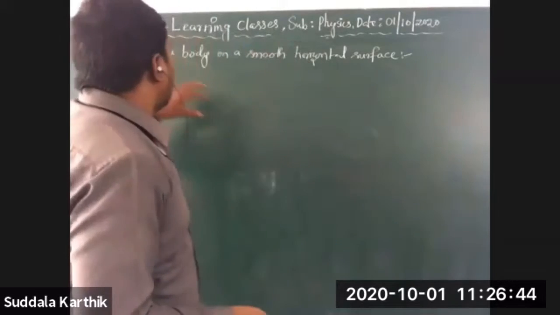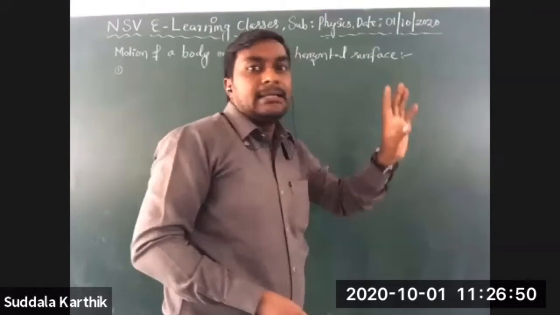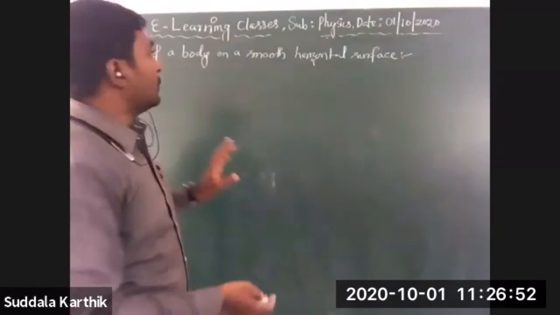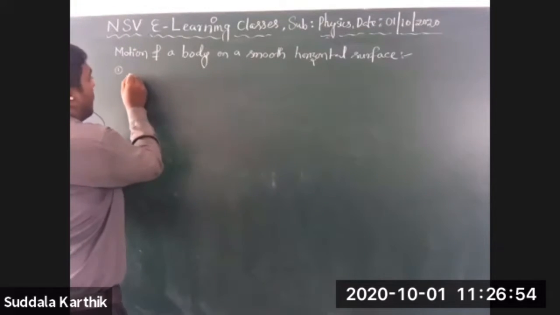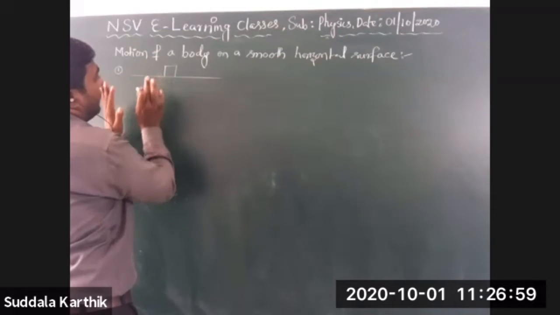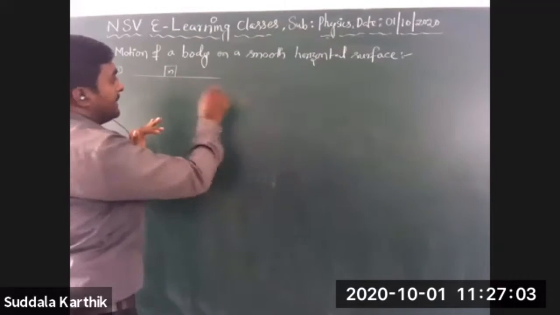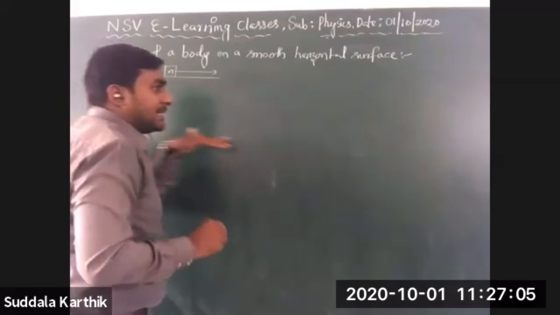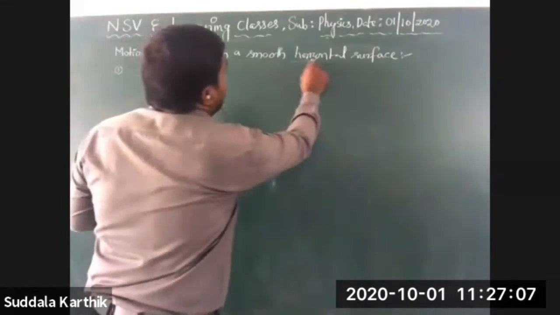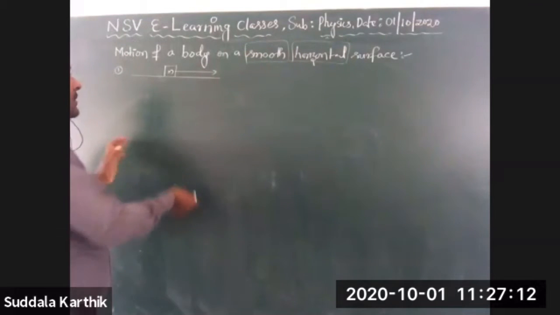Yesterday, I discussed the motion of a body on a smooth horizontal surface. Under that situation, there are three different cases. In the first, a body of mass m moves on the frictionless surface, horizontally only.